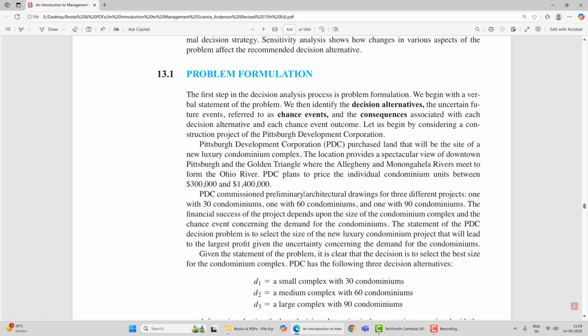Every organization continuously needs to take decisions, and because things are very volatile in the market, the entire dynamics keeps on changing rapidly.